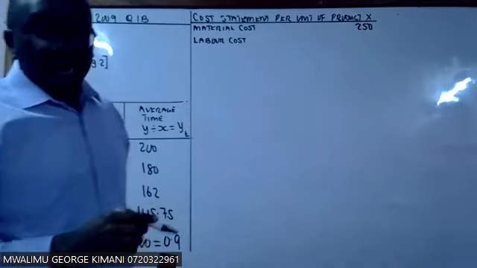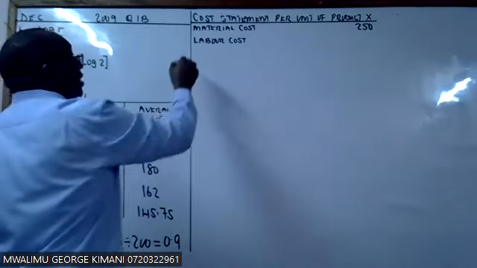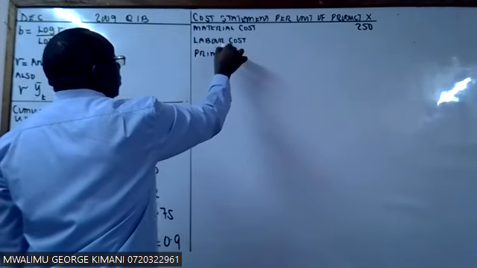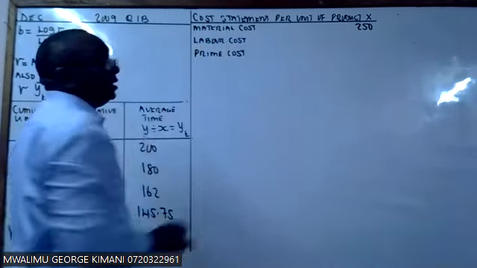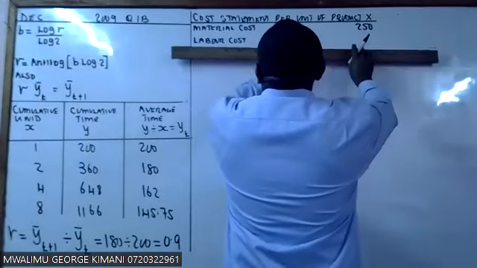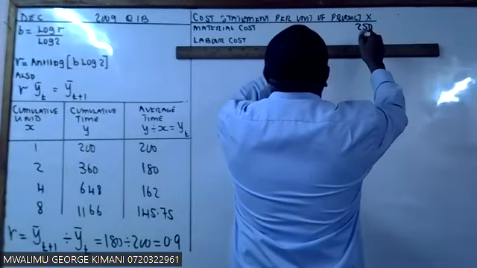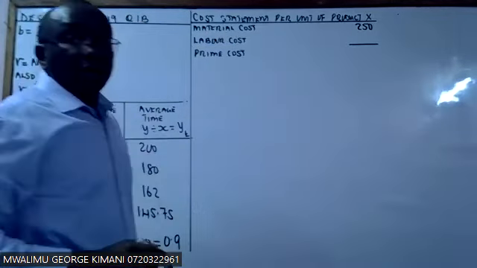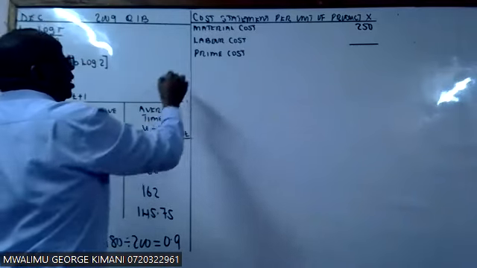When we will have done that, we get something I told you is called prime costs. When you add direct costs, you get something called prime cost. It's good to have this understanding. You get prime cost.